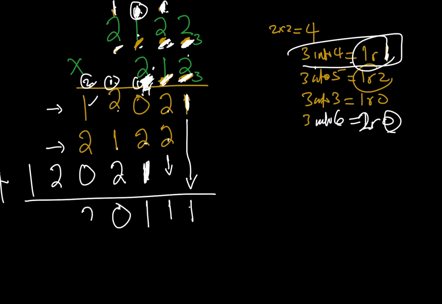We write the 2 first, the remainder first, then the carry. The carry is going to be 1 here. So 1 plus 2 is 3. 3 into 3 is 1 remainder 0. So you have 0 and then 1 here. And then that 1 plus 1 is 2. So we're going to have 2, 0, 2, 0, 1, 1, base 3. All right. So that's multiplication.